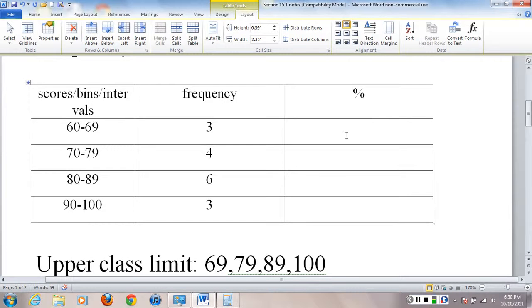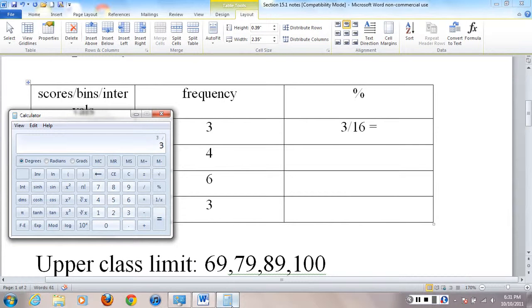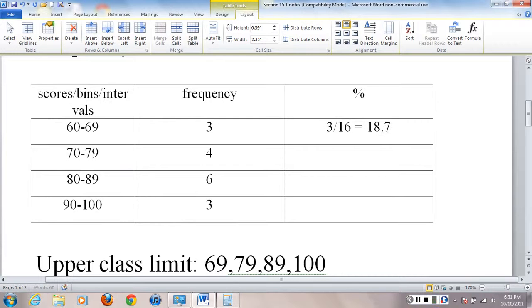So this one then is obviously going to be 3 out of 16, which gives us about 18.75%. This one then would of course be 4 out of 16, which is 25%.